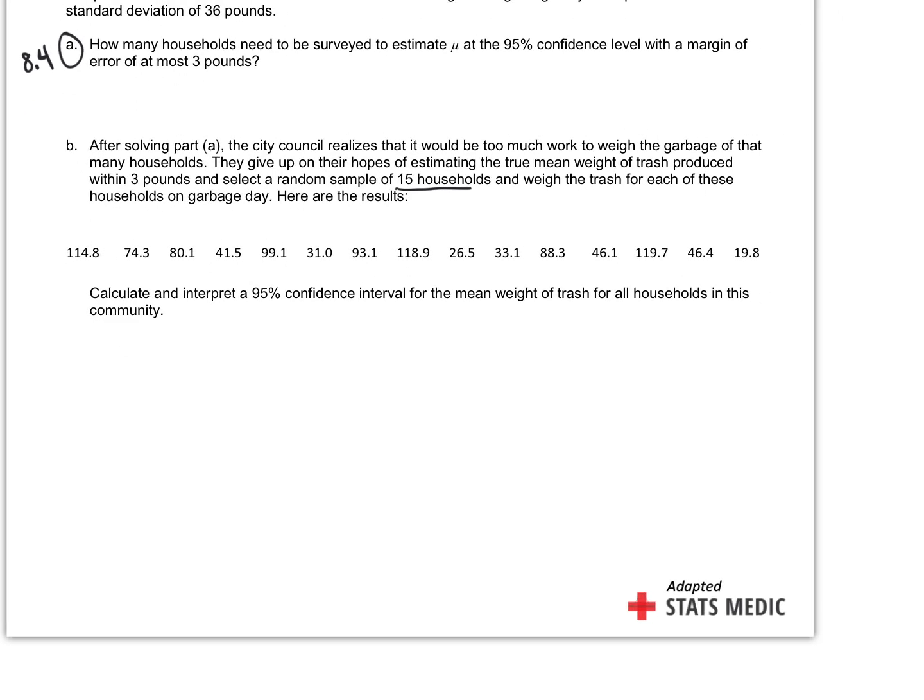Calculate and interpret a 95% confidence interval for the mean weight of trash of all households in this community. So we're going to walk through the state, plan, do, conclude process. I'll show you what you need to show for full credit when you do one of these. And then we'll be done, all right? So in the state step, what am I looking for? Mu. It's the true mean weight of trash for all households in this community.